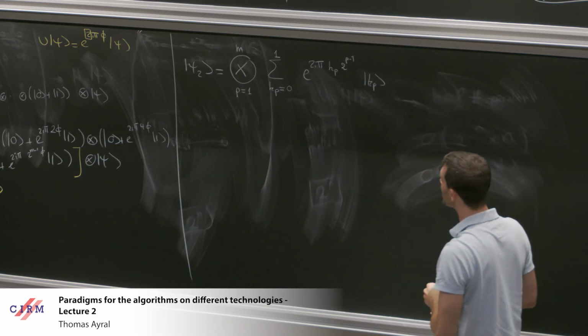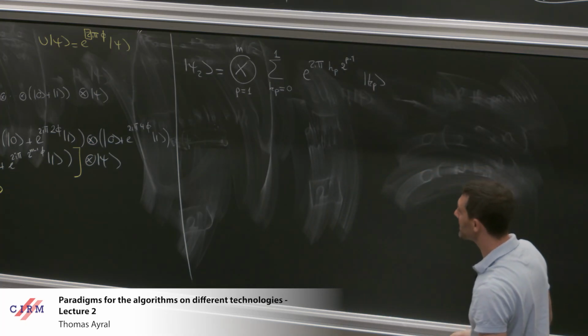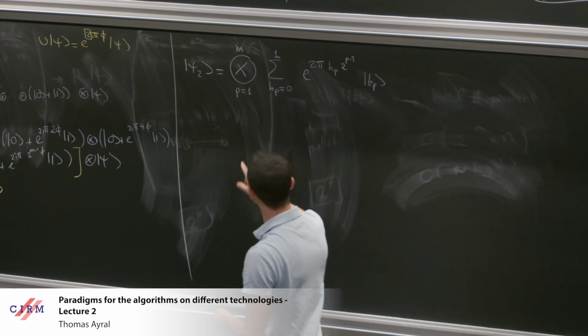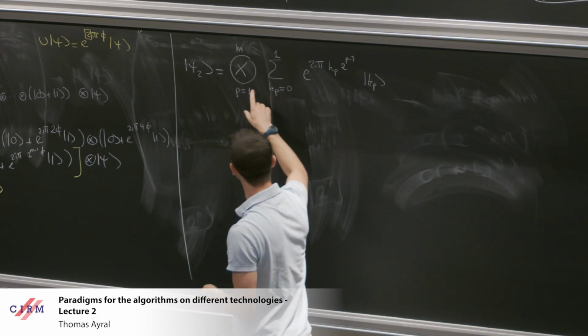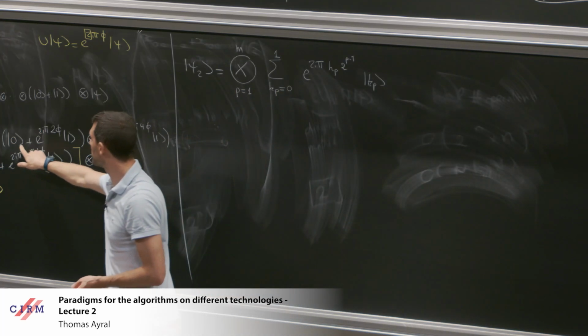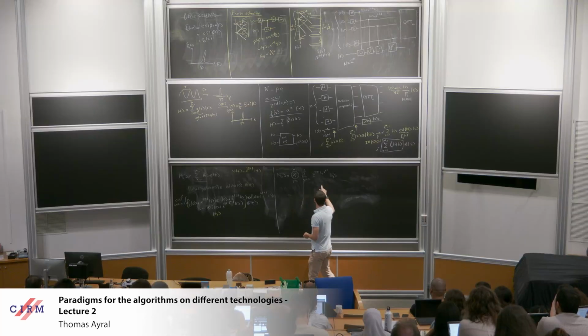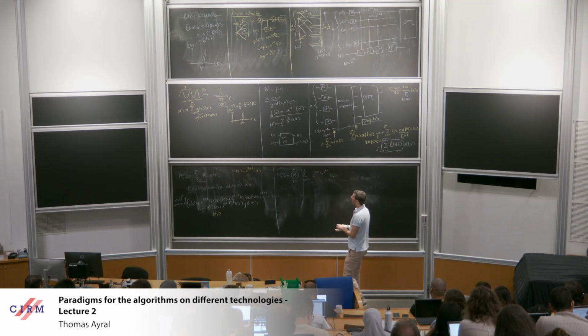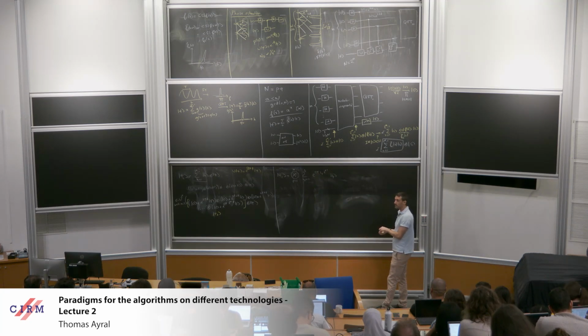So please help me and check that I wrote it correctly. I have a big tensor product of m terms, and each term is the sum of two components. The kp accounts for the 0 and also for the 1. So in principle, it should be correct.